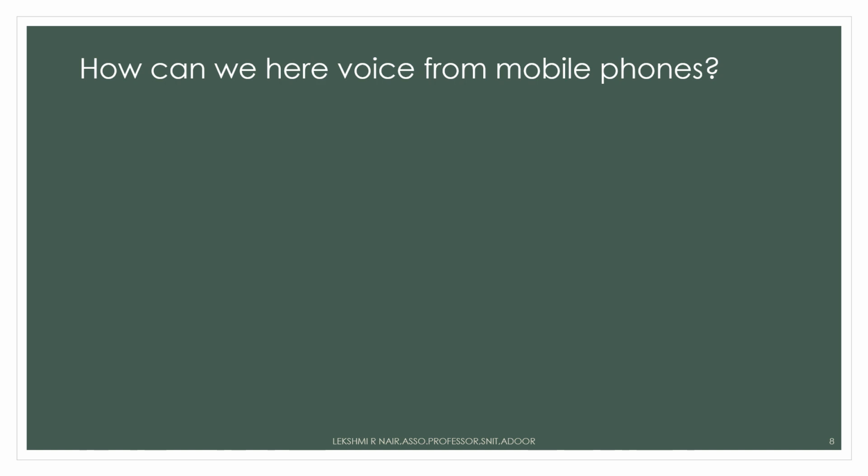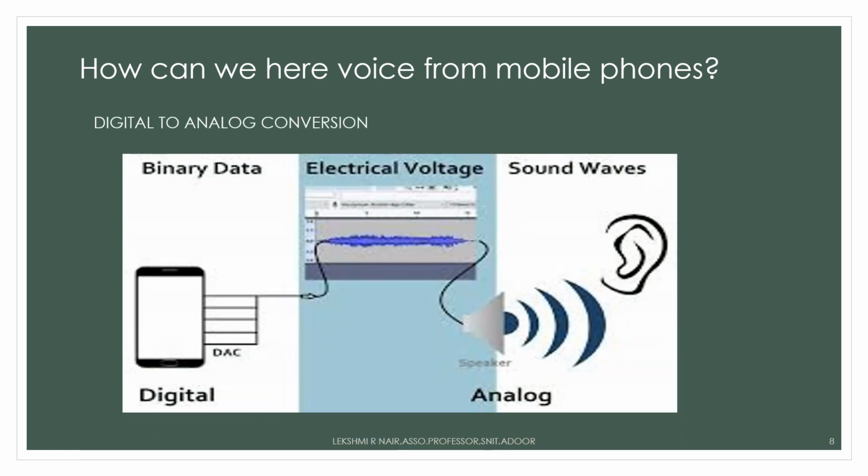Speakers are also present in mobile phones. So, a digital to analog converter is used in mobile phones also. In mobile phones, the signal is received in the form of a digital signal. It is converted to an analog signal by using a digital to analog converter and that can be heard using the speakers placed inside the mobile phone.